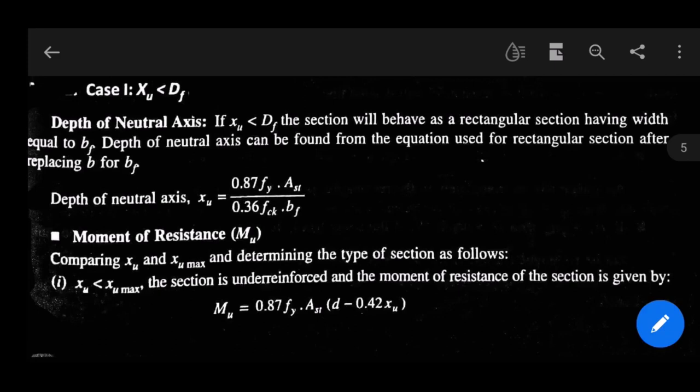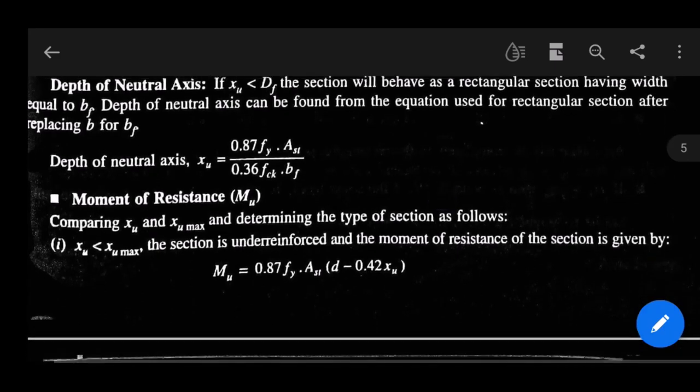Now the moment of resistance, Mu. Comparing XU and XU max, we determine the type of section as follows: if XU is less than XU max, the section is under-reinforced and the moment of resistance of the section is given by Mu equals 0.87 FY AST within brackets D minus 0.42 XU.